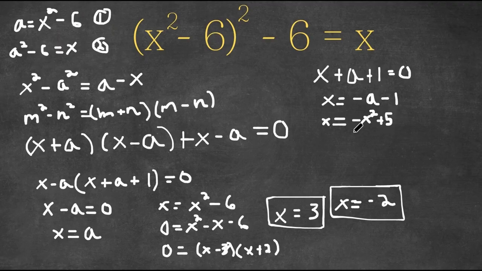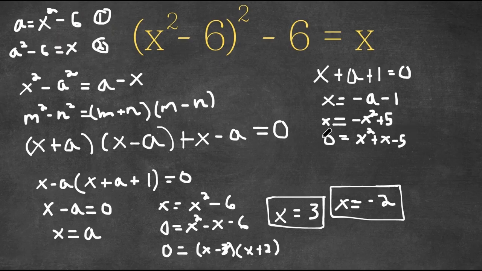So now if we subtract x on both sides, we get 0 is equal to x² + x − 5.